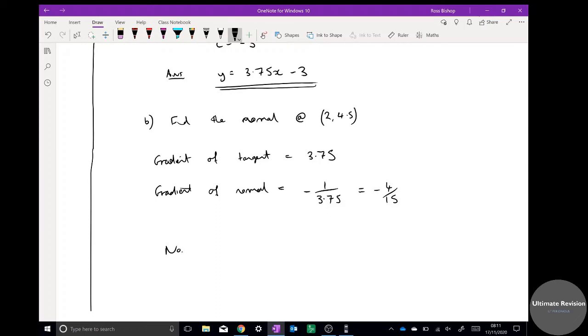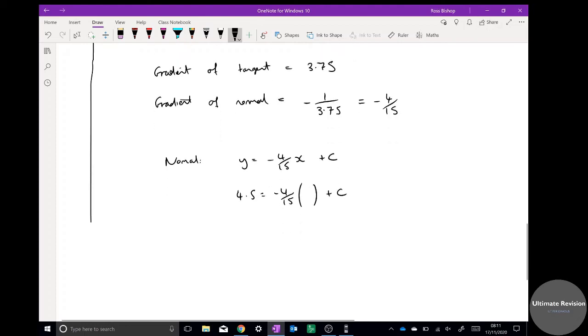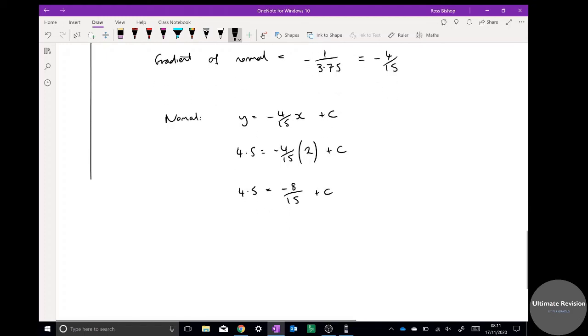So the normal will be y equals negative 4/15 x plus c. I use the same point again. So my y, 4.5, equals negative 4/15 times the x coordinate, which was 2, plus c. And if I rearrange this, 4.5 ends up being equal to minus 8 over 15 plus c.